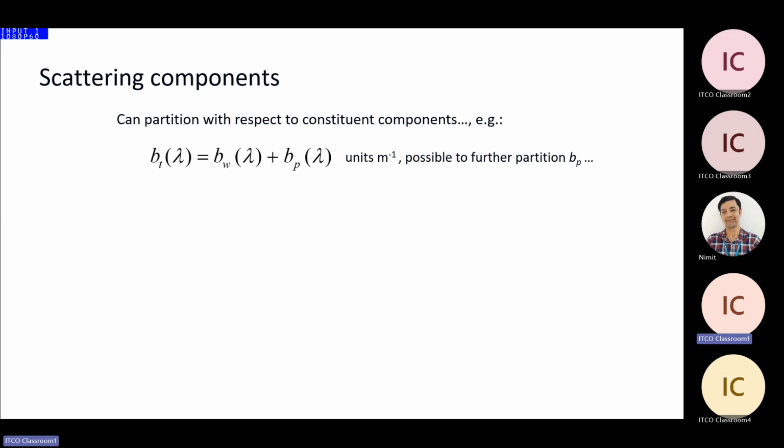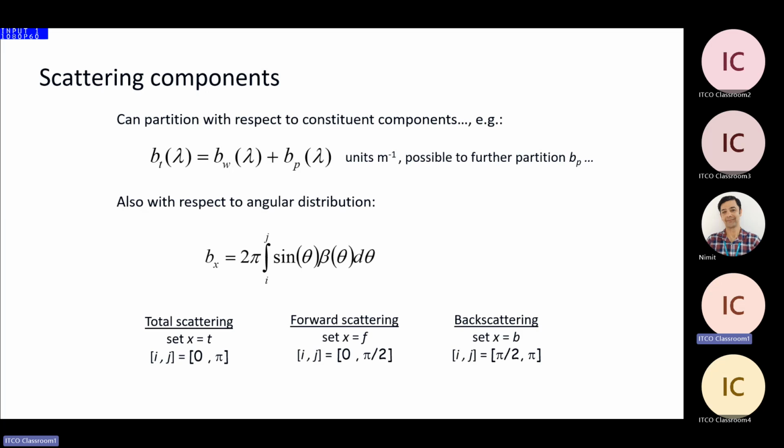You can partition things like different filtered classes, like size classes of particles, and people have done that. What people have also done is take a sample, collect it on a filter, and then combust it, so you get rid of the organic material, and then you measure the inorganic material. That's how Stavin measured his B of the PIM and the POM. But operationally, it's very challenging to make those kinds of measurements.